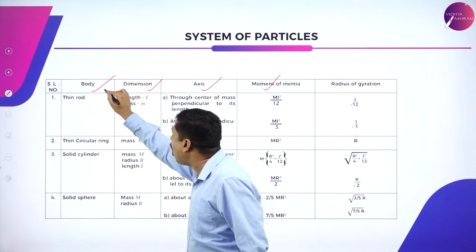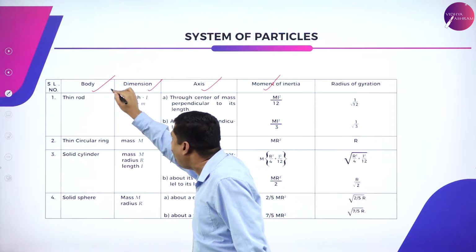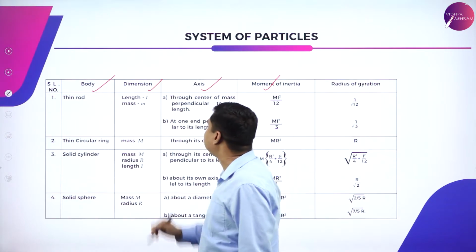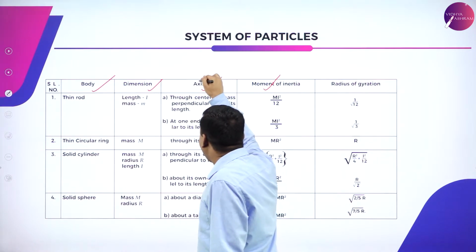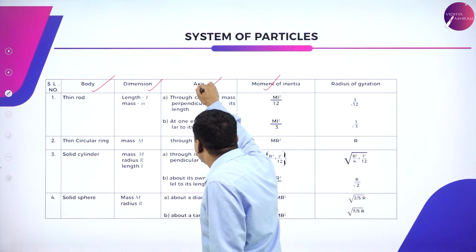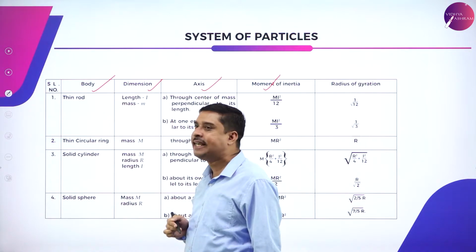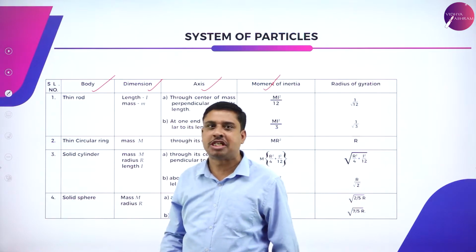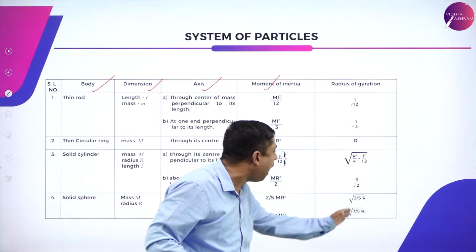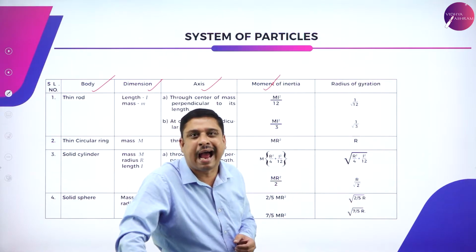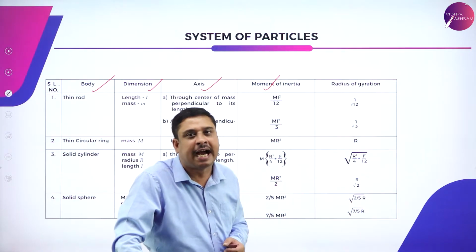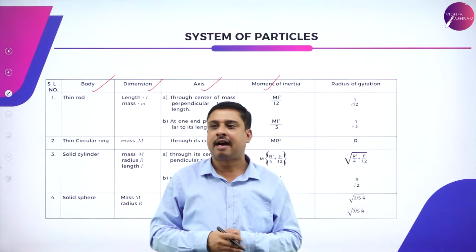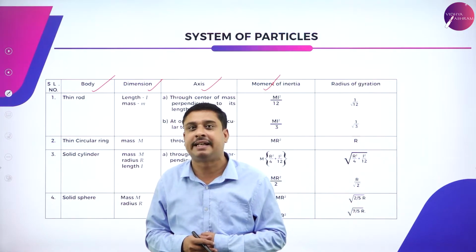So the geometry of the body, the dimension considered, axis about which the body is rotating, and finally moment of inertia. This is an additional part where I have also added the radius of gyration, but this is not so significant for us compared to the previous tables.